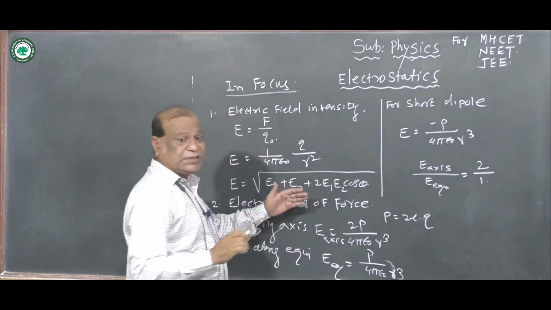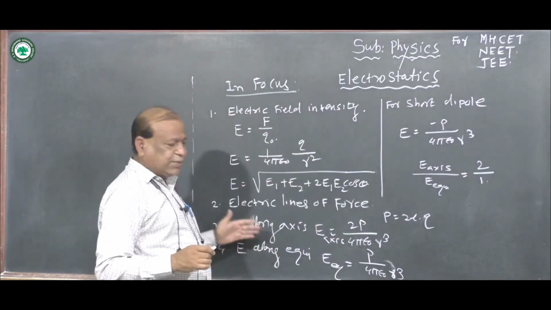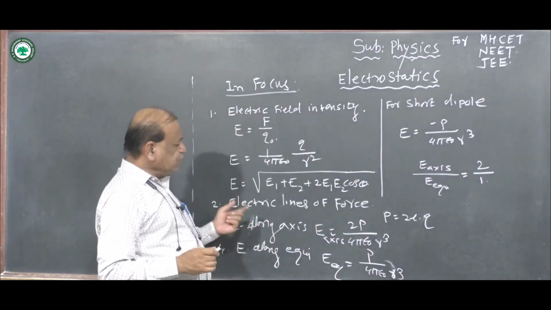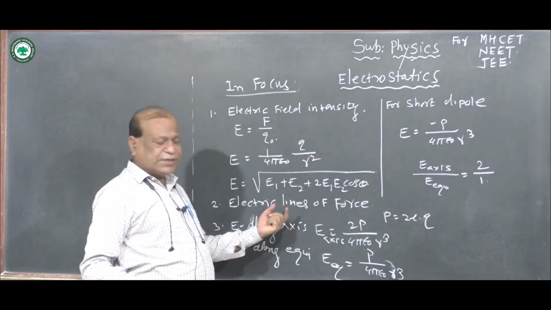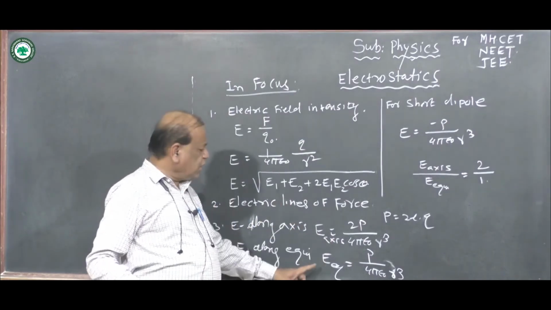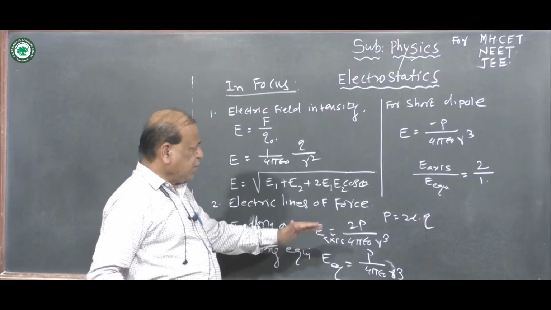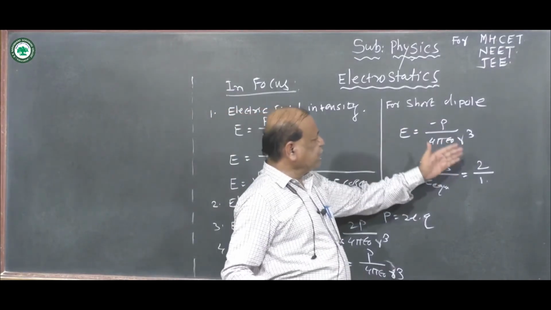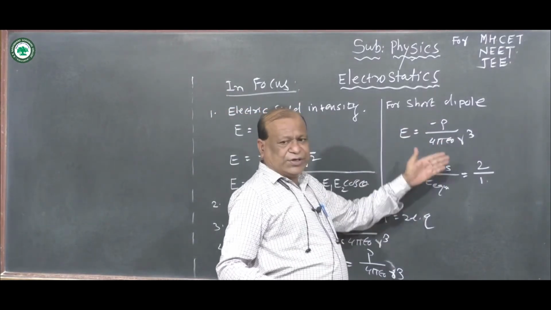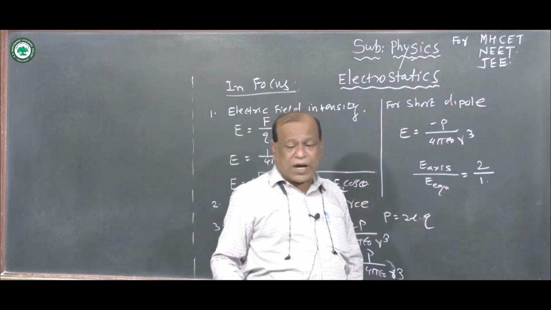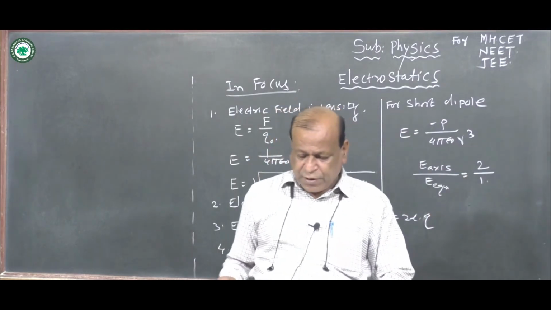In the previous class we already obtained these expressions for electric field intensity along the axial point and equatorial point, and comparing these two field intensities, we get the ratio 2 to 1.